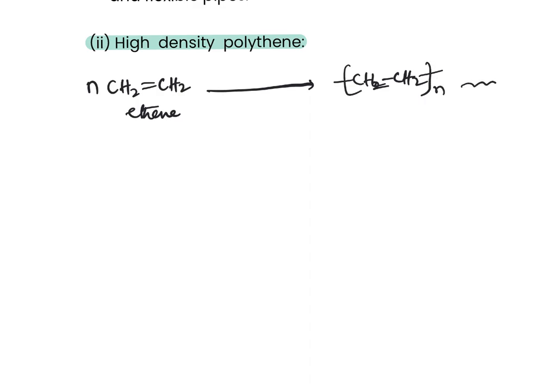This is a linear polymer without branching, therefore highly close packed. When it is highly close packed, density will increase. Then this is called HDPE, high density polyethylene.